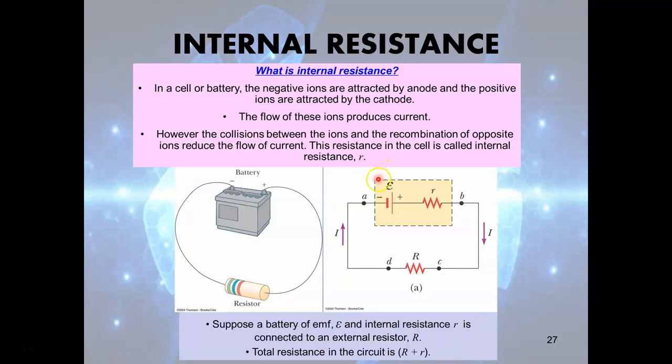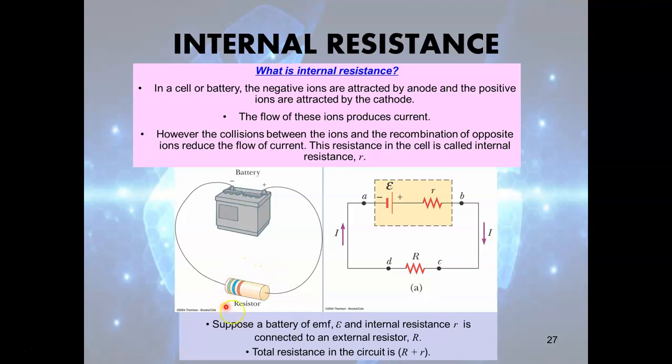So let's say over here we have our resistor and we also have our battery. For the resistor itself, the function of the resistor is to resist the movement of the ions, which will reduce the flow of the current.